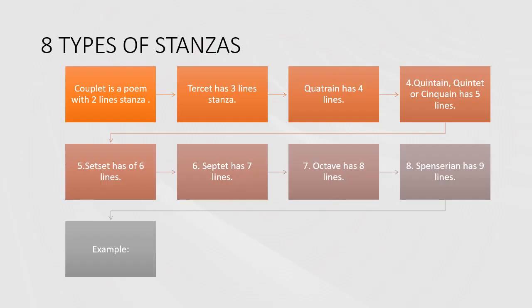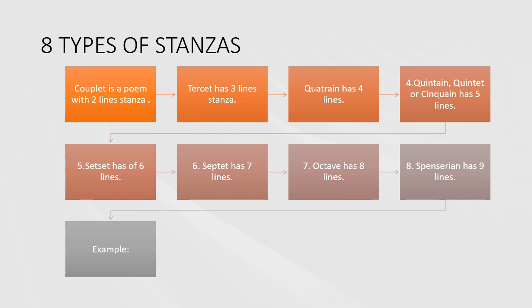Can you still remember the 8 types of stanzas? Let's review to make sure. Couplet has 2 lines. Tercet has 3 lines. Quatrain has 4 lines. Quintain or quintet or cinquain has 5 lines.